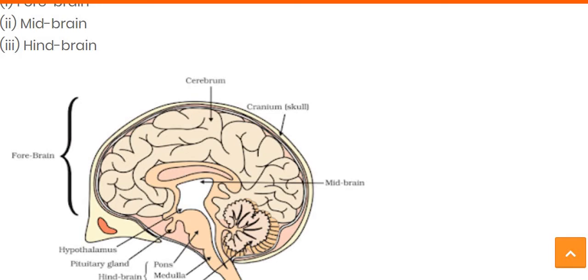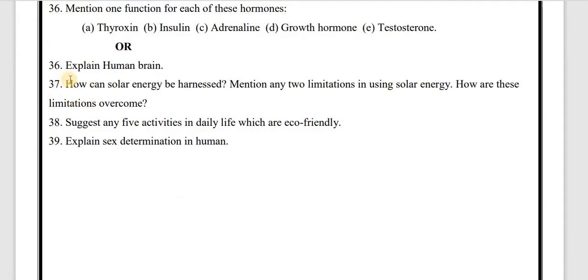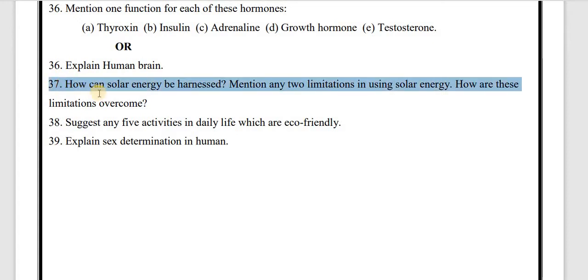Let's see the next question. Question number 37: How can solar energy be harnessed? Mention any two limitations in using solar energy and how these limitations are overcome.